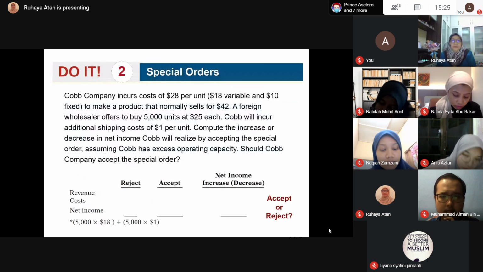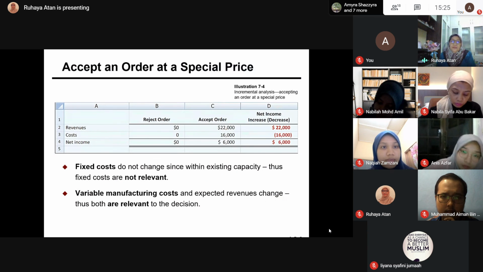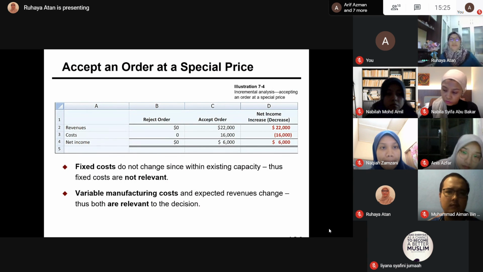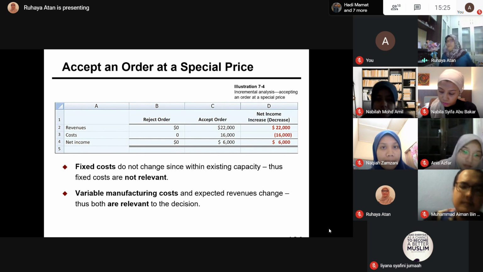All right. So should they accept the offer? Yes or no? Should they accept the special order? Yes, because they are making additional income.